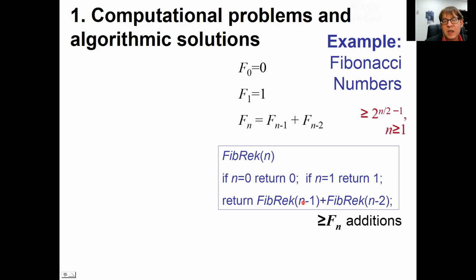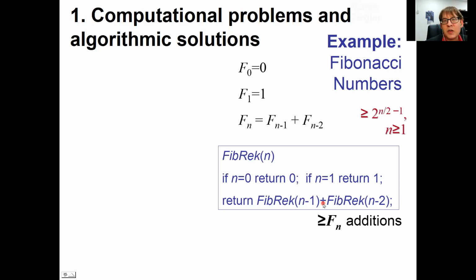And why mention and emphasize that? Because we've just seen that the value of the Fibonacci number grows exponentially. And therefore we also see, which is not at all obvious on first observation, that the number of additions of this algorithm must also be exponential.